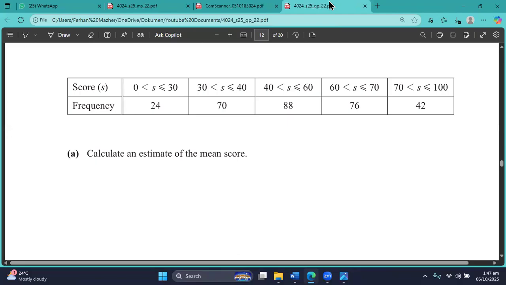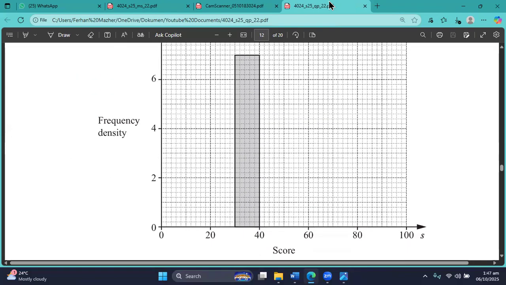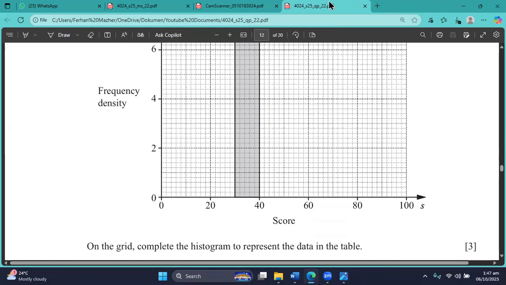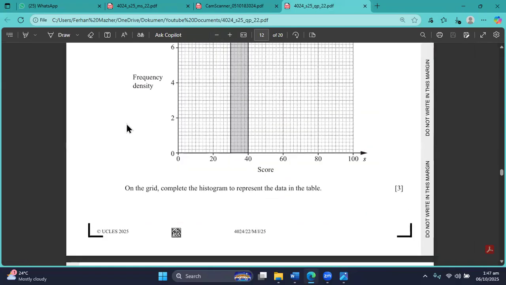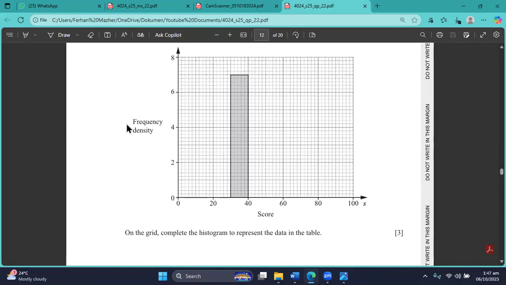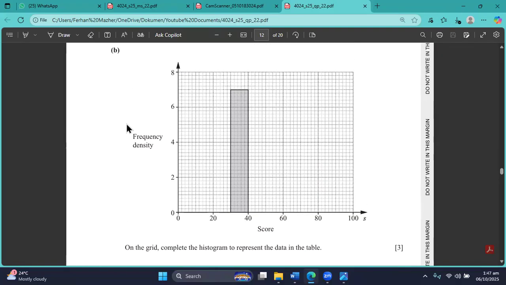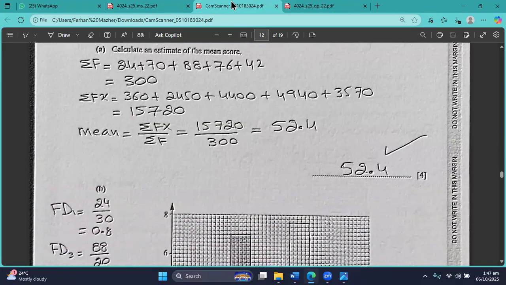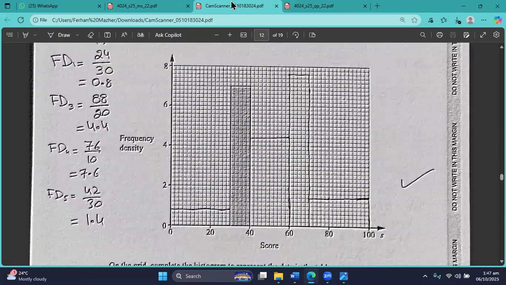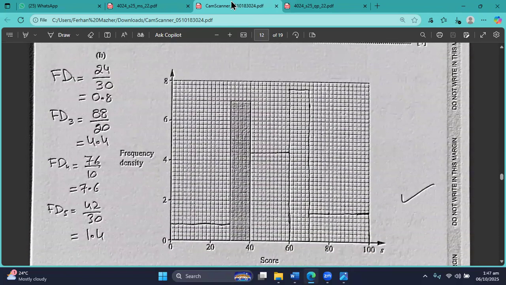Then the question number 18, its B part. He says, on the grid, complete the histogram to represent the data. The 30 to 40 class we have already represented. If you want to find the frequency density, how do you find the frequency density of a class?